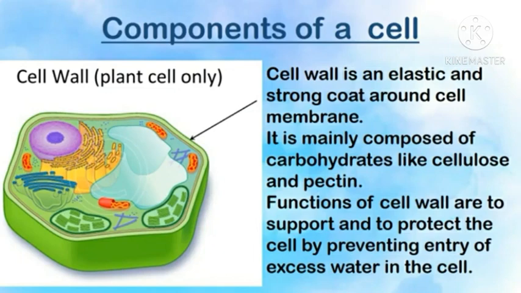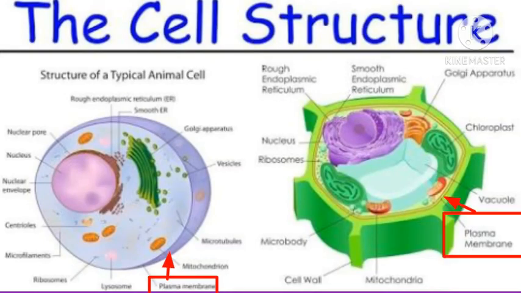So cell wall is found only in plant cell. Functions of cell wall are to support and to protect the cell by preventing entry of excess water in the cell.